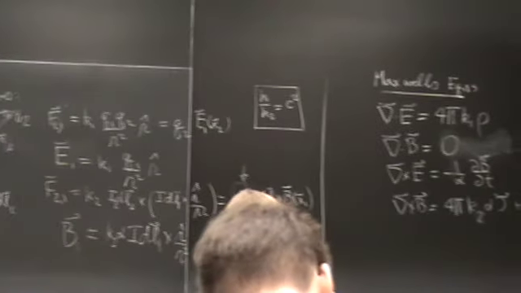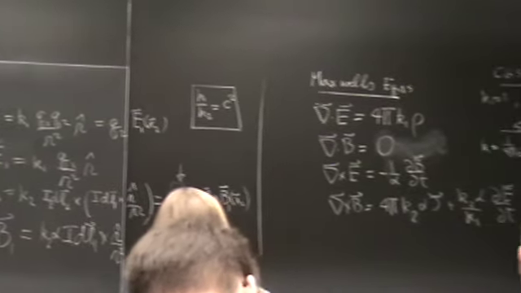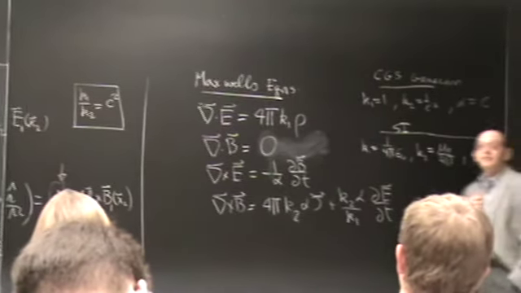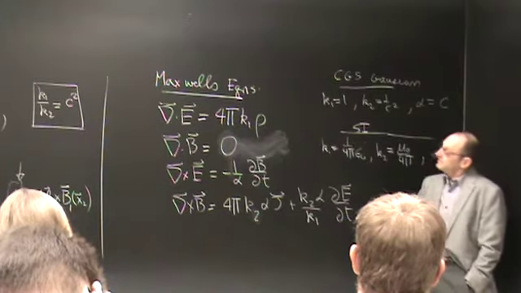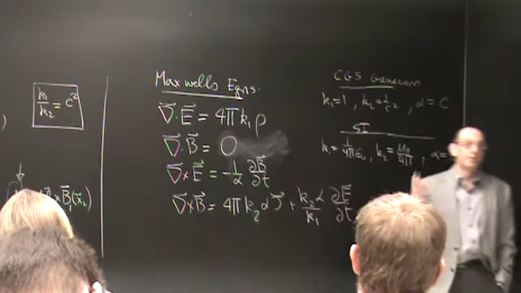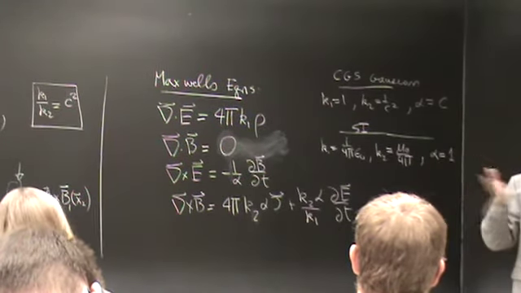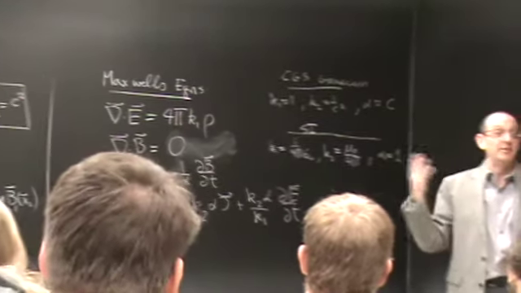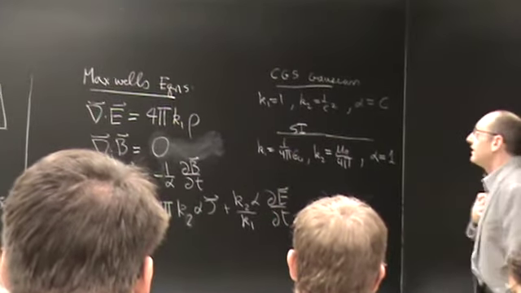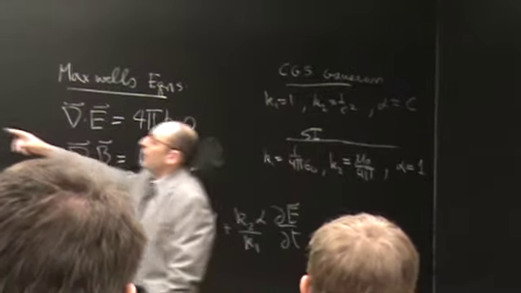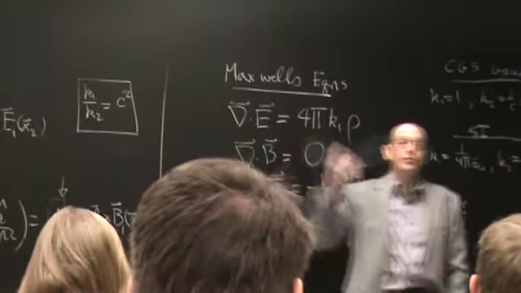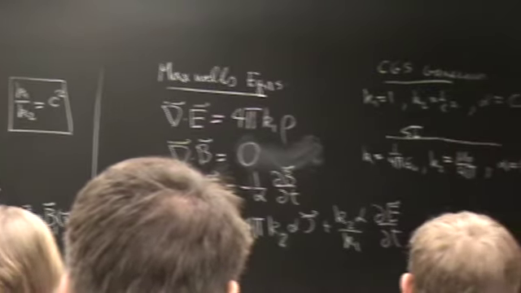So written in terms of these constants, and this is a question Brad asked at the end of lecture last time, we could write Maxwell's equations in a general form in terms of these three conversion factors, K1, K2, and alpha. Once we constrain K1 and K2 to go into the speed of light, it's really two constants.